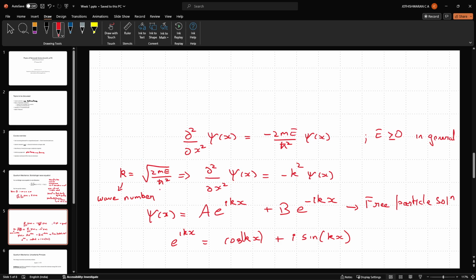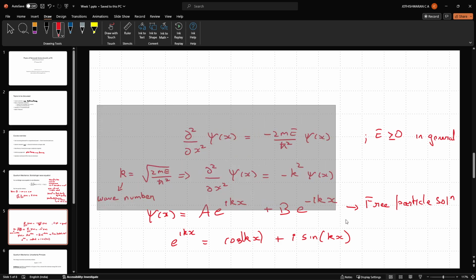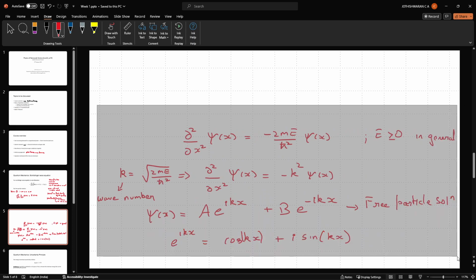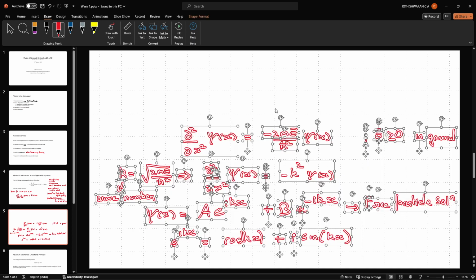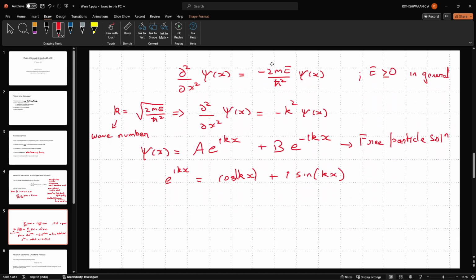Now from here, since this is of this form, we can say that E is h bar squared k squared upon 2m.